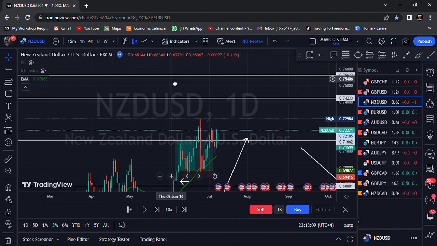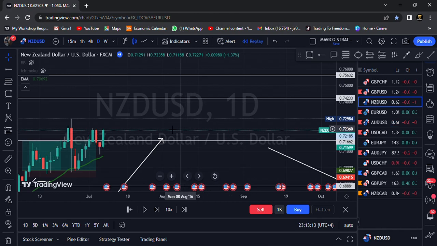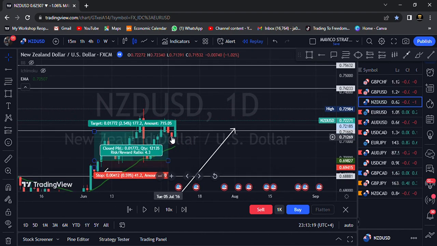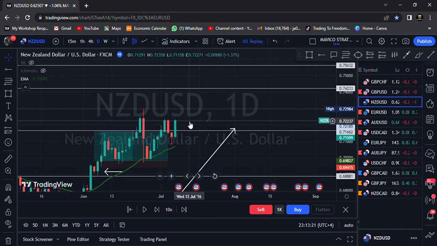So if we did consider both of them as levels, then this could be shooting right up here, guys, with this hammer, a very clean hammer above the moving average. That is a good one. So it can be shooting right up there.